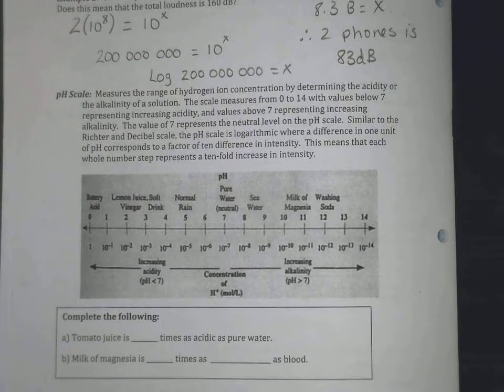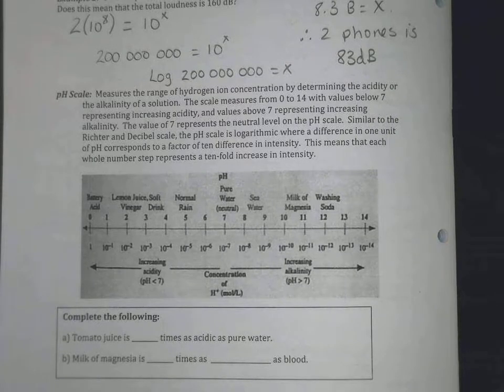The value of 7 represents our neutral level on the pH scale. So that's like our reference intensity in a way. Similar to the Richter and decibel scale, the pH scale is logarithmic, where a difference of 1 unit of pH corresponds to a factor of 10 difference in intensity. This means that each whole number step represents a 10-fold increase in intensity.